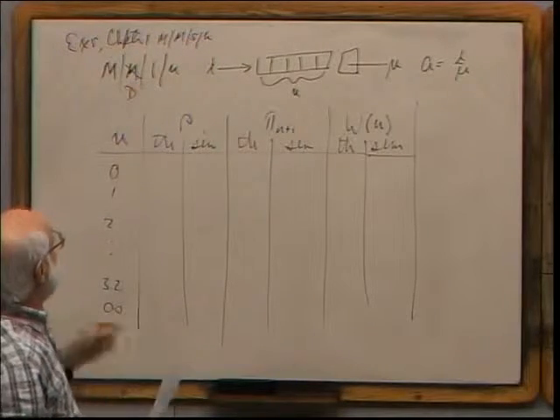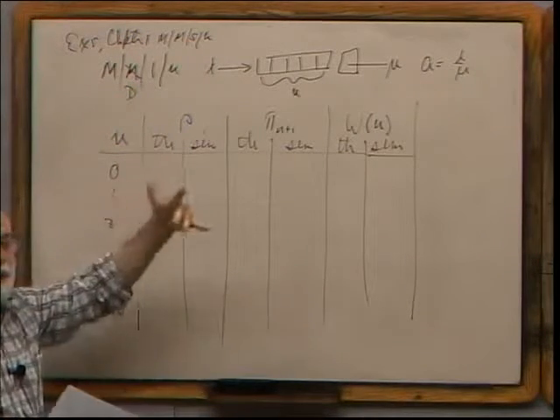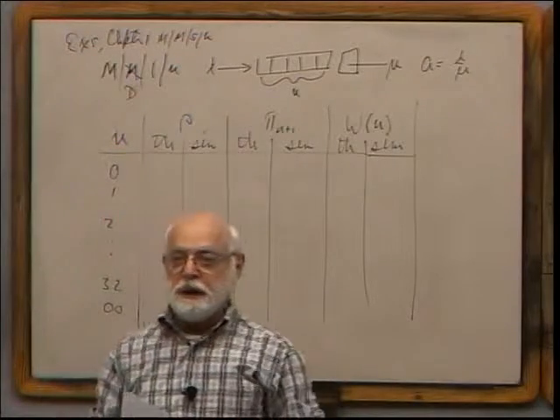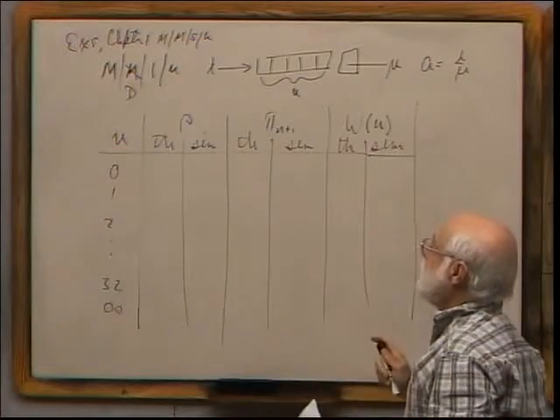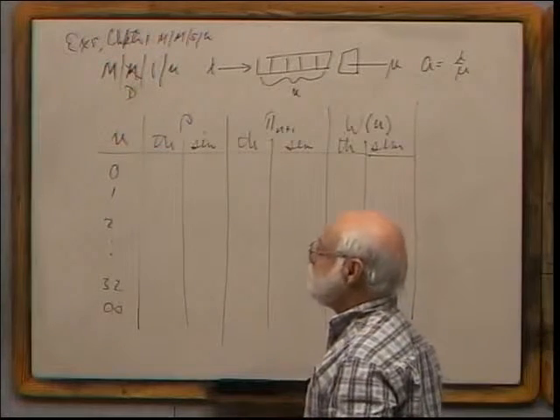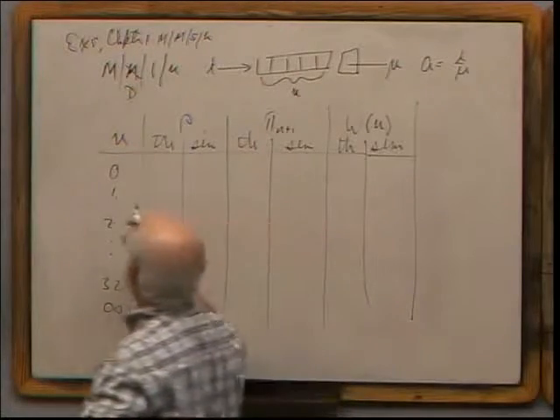But for the case of MM1N, we can use the rate up equals rate down argument, and so that makes everything relatively simple. So the strategy here is to look at homework 5. All right, so this is homework 5.